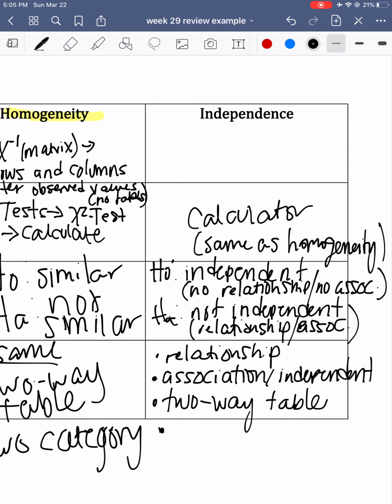So a lot of times it's your height or your weight or your foot length or your handedness, whether you're left or right-handed, that kind of thing. And a lot of the time, whenever you're looking at a table that's men versus women, then that is most times going to be a chi-square test for independence.